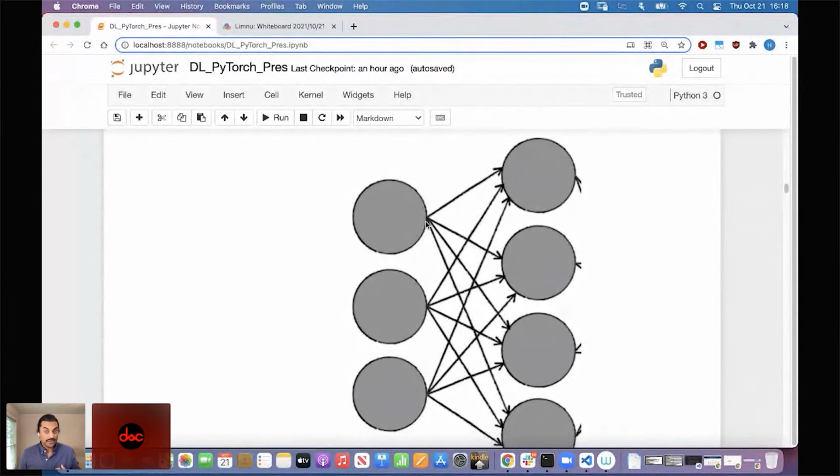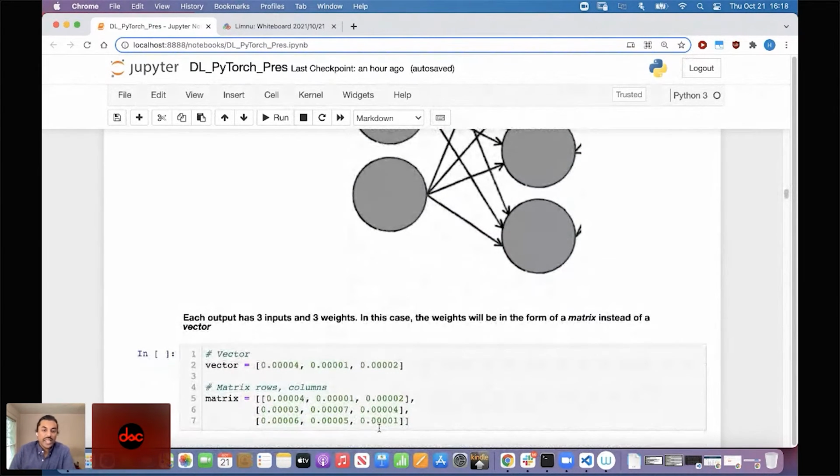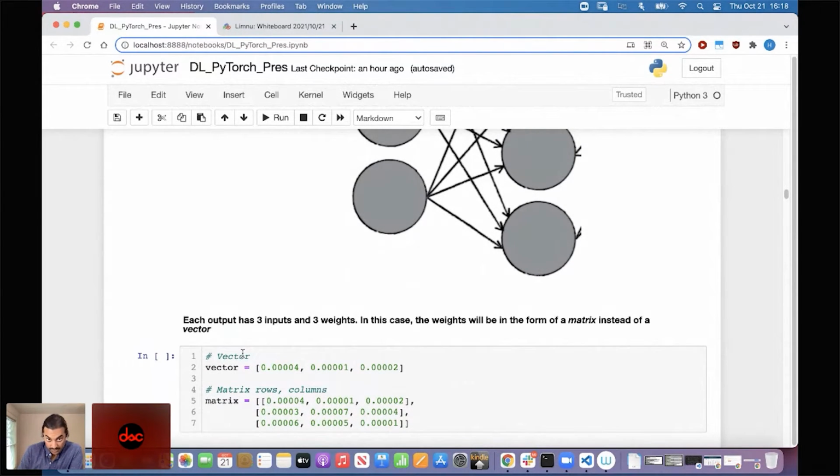Think about the weights. These are the weights of each of these inputs, okay? So more common is having a matrix of weights. In this specific example, we have 3 inputs, and all of those inputs are going to have their own individual weights.